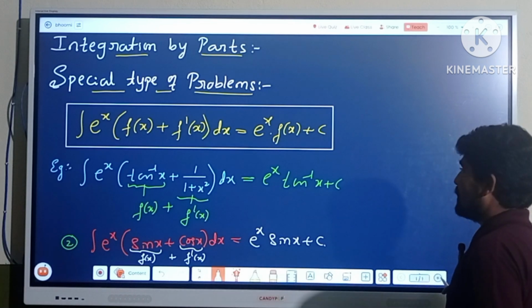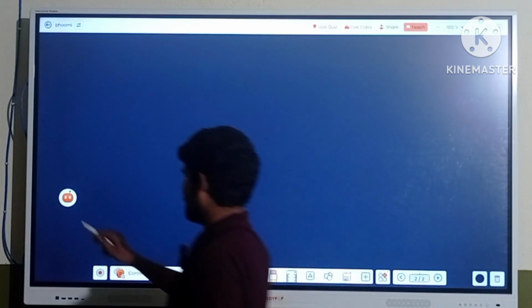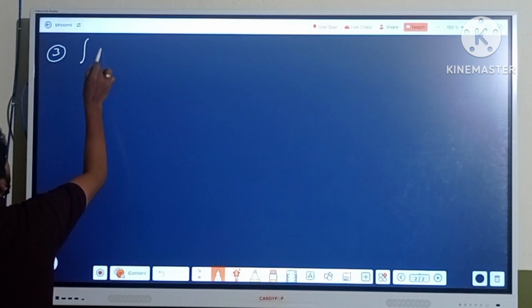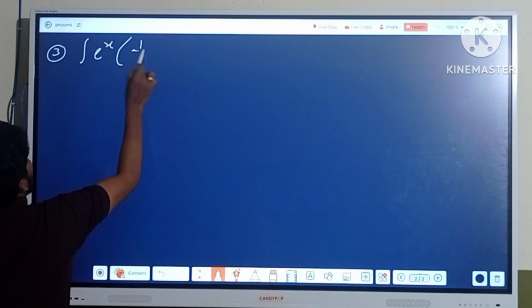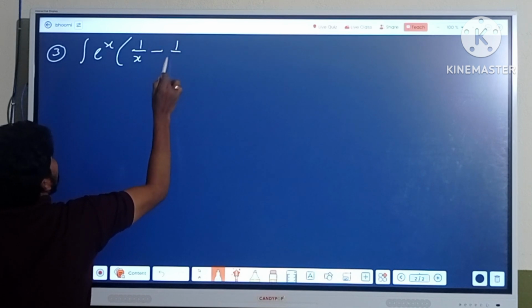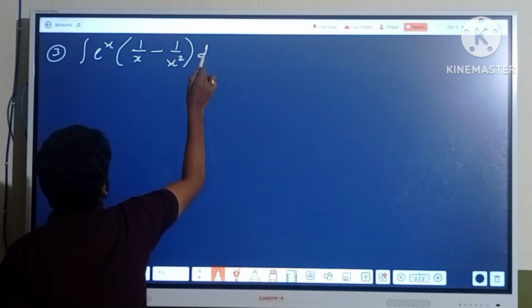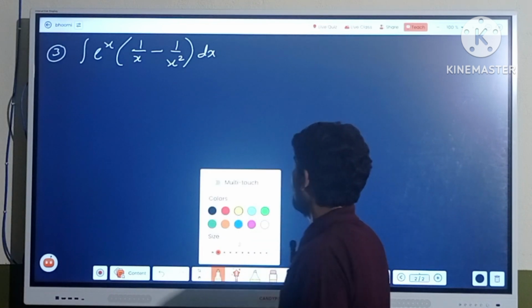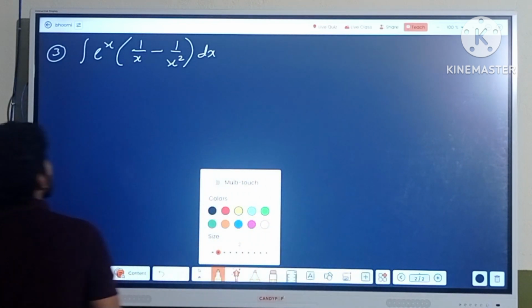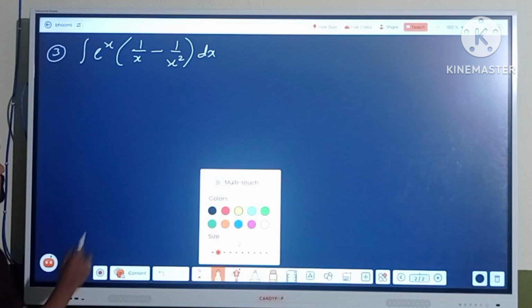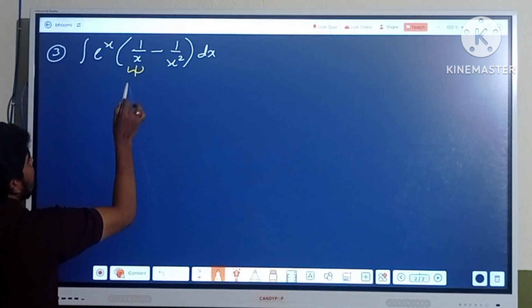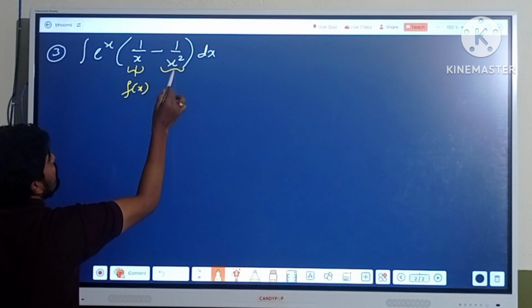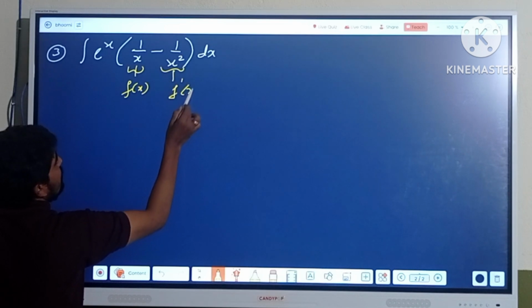So now let us consider one more example. Third one: integration of e power x into 1 by x minus 1 by x square with respect to x. Observe here, if I consider f x as 1 by x, definitely its derivative is minus 1 divided by x square.